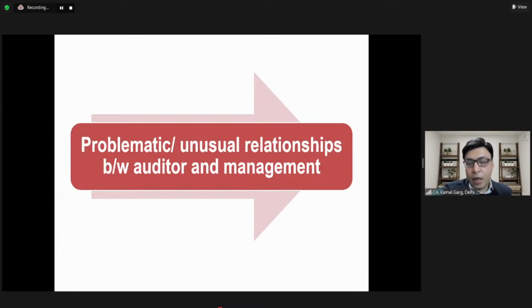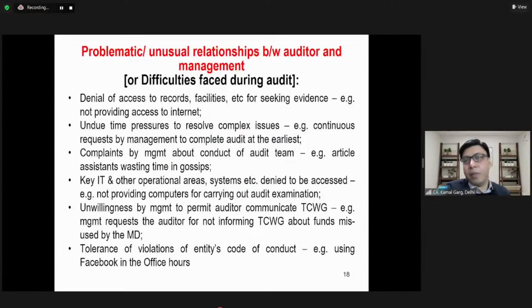So what I have done is, I have given the elements also, examples also. Just see very carefully, everything is self-explanatory. Institute says, because of the following factors, problematic or unusual relationship may take place between the auditor and management. Due to this, difficulty may be faced during the audit, and due to which frauds and errors may not be identified.